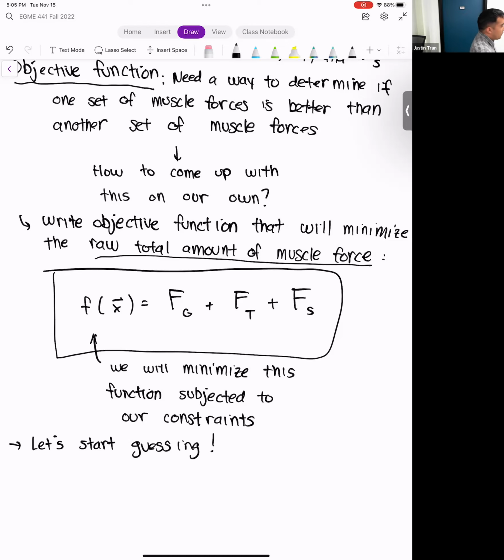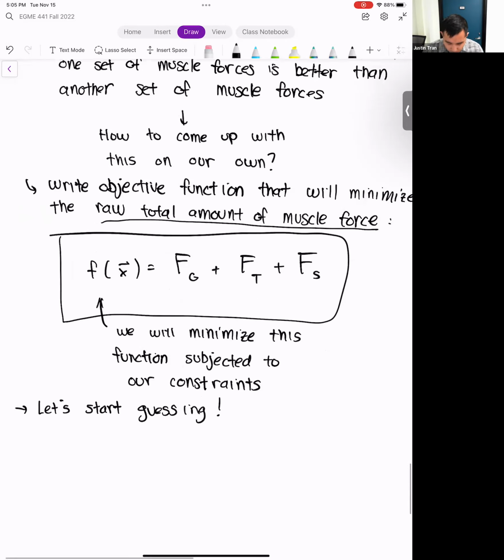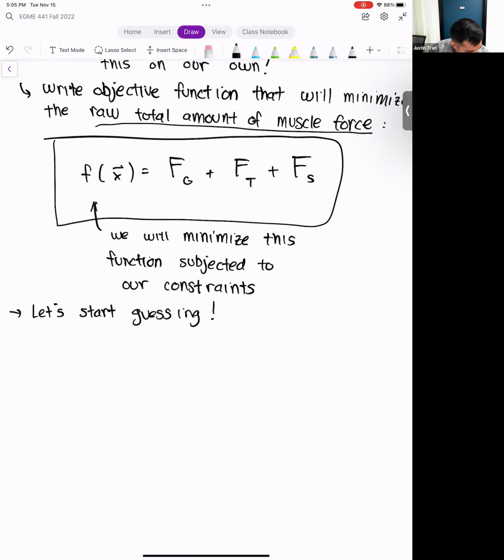And so again, if you use MATLAB for this, MATLAB has a much more sophisticated way to guess. It's not just going to be random guesses, which is kind of what we're going to basically be doing. But there's smarter ways to do it. Okay. And so I'm going to do 3 guesses here. And so for each of my 3 guesses here, I'm going to assume that only one muscle acts and the rest of the muscles are 0. Okay.